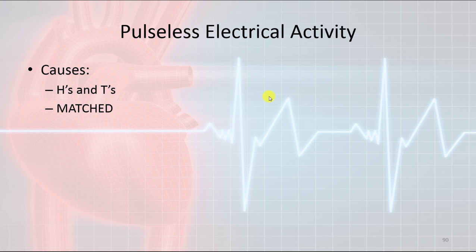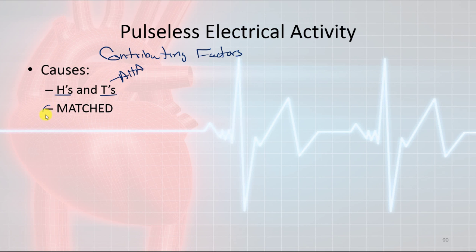Let's talk about some causes of PEA. The American Heart Association uses something called the H's and T's, and there's several H's and there's several T's, which are what they call contributing factors to cause a pulseless electrical activity or any reason why a person is not responding to ACLS protocols.